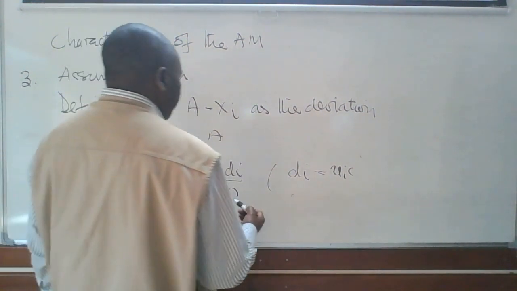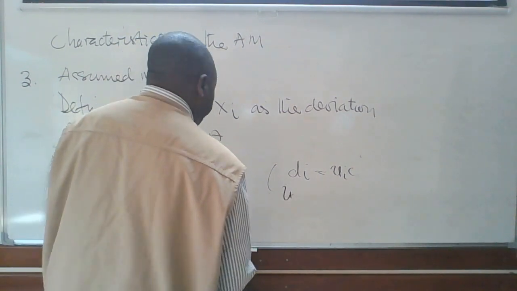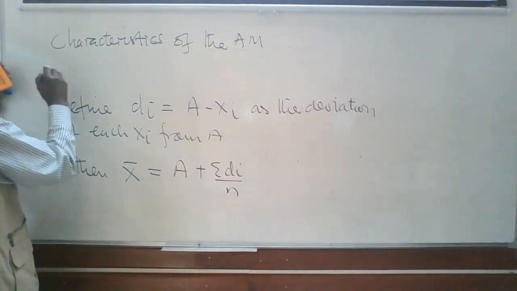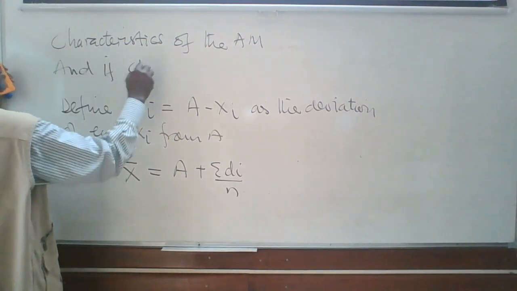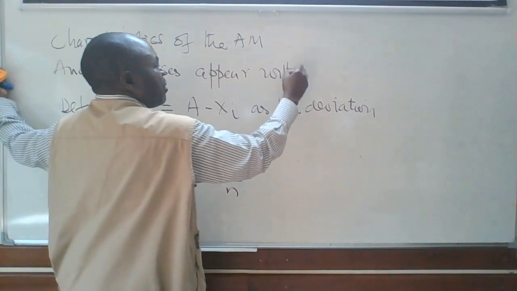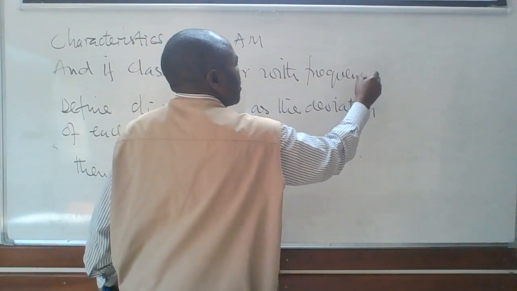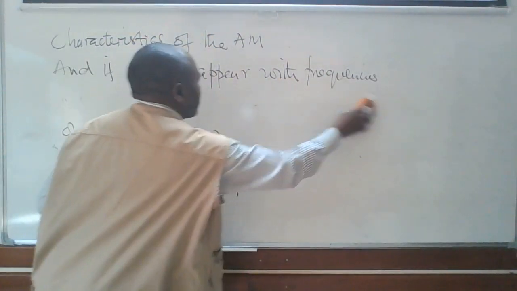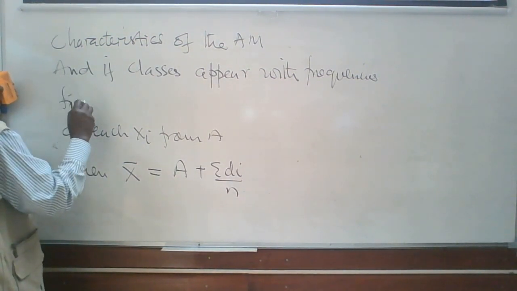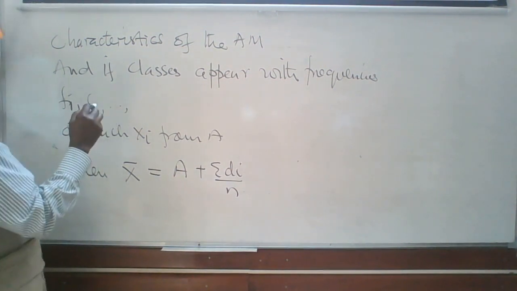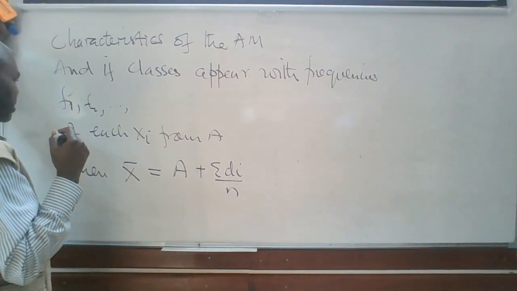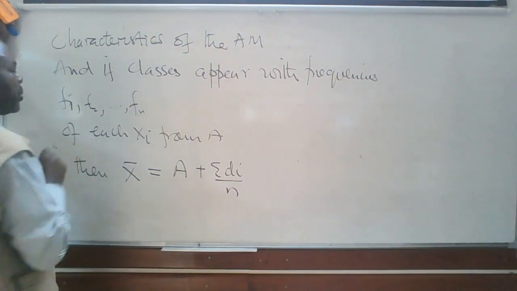And if the classes appear with frequencies F1, F2 up to, earlier on I did say up to xn, maybe I should have said xk, but since I used n, I'll still use n.